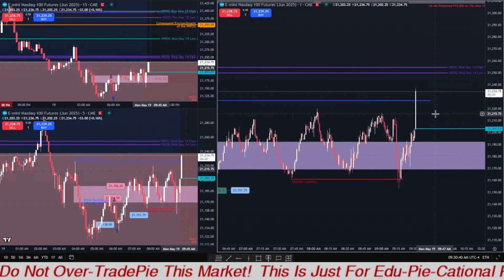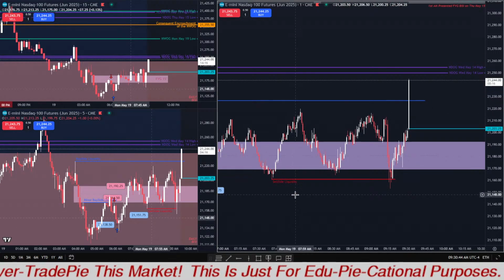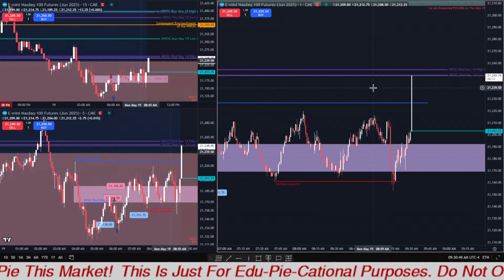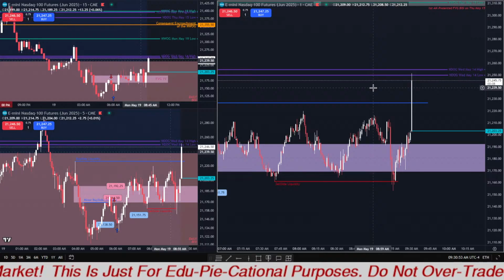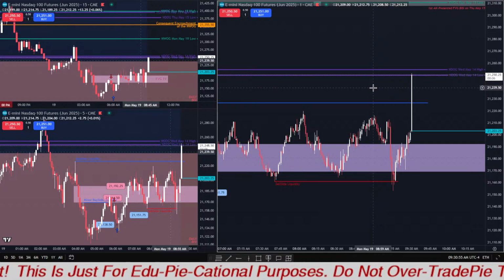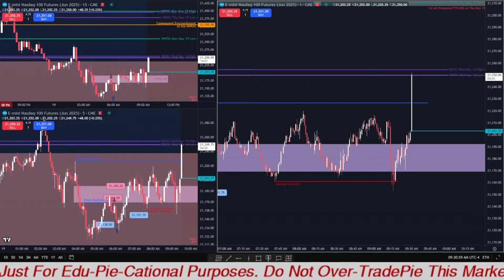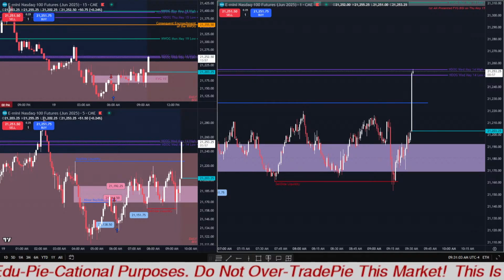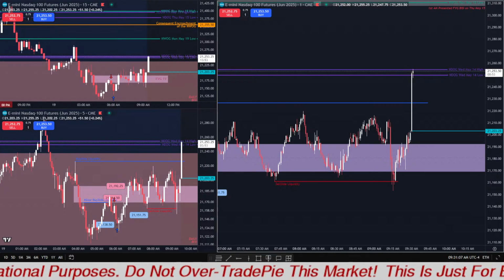So far we are going higher after taking the sell side liquidity. Now we reach the new day opening gap low of May 14th. Now I'm just waiting for the first presented fair value gap to form, and let's see how the market is reacting over here.